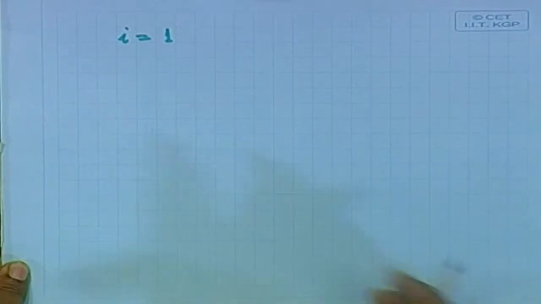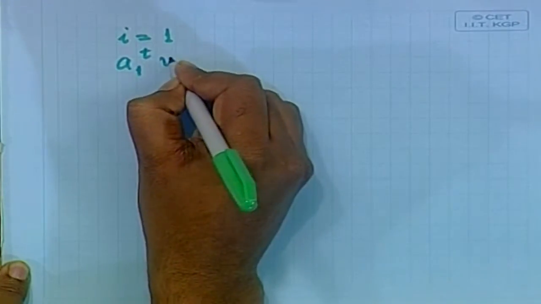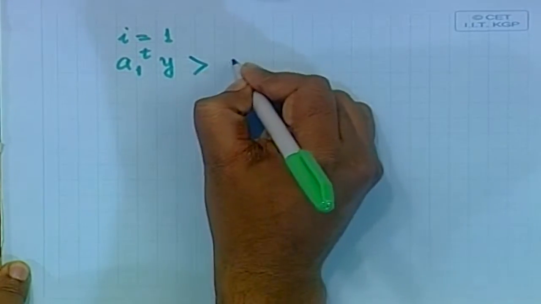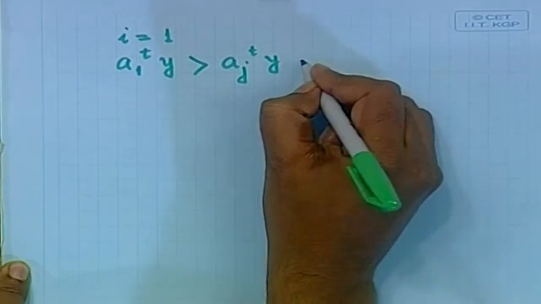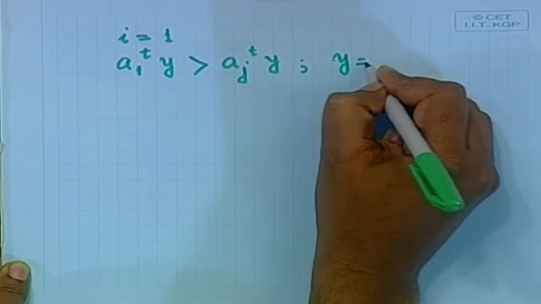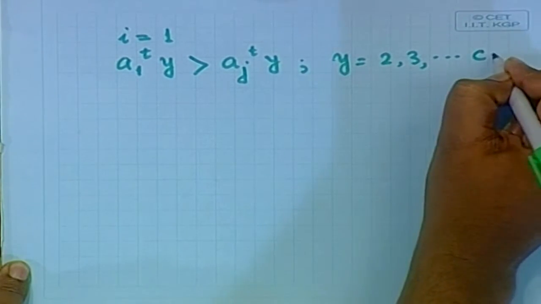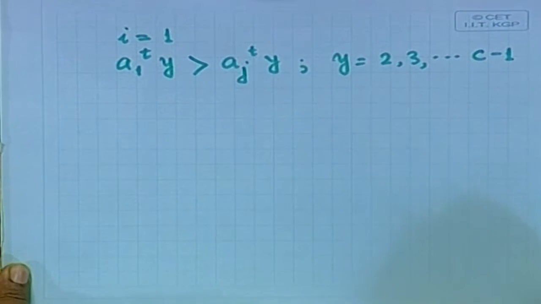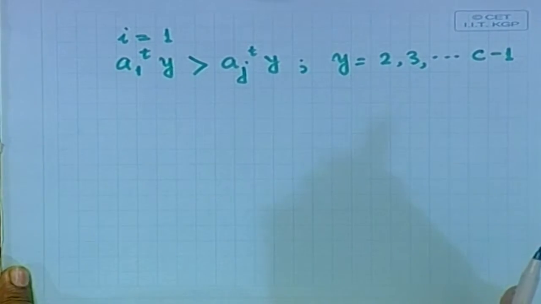I want a_1 transpose y to be greater than a_j transpose y, for j varying from 2, 3 up to C. Later on we will generalize. So I take a particular value of i, which is equal to 1.